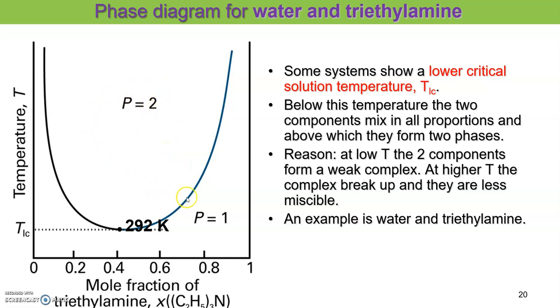The reason is that at low temperature, these two components form a weak complex, while at high temperature the complex will break up and they are less miscible. So this is one example, the phase diagram for water and triethylamine.